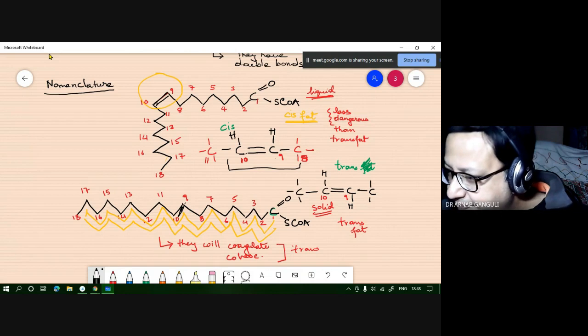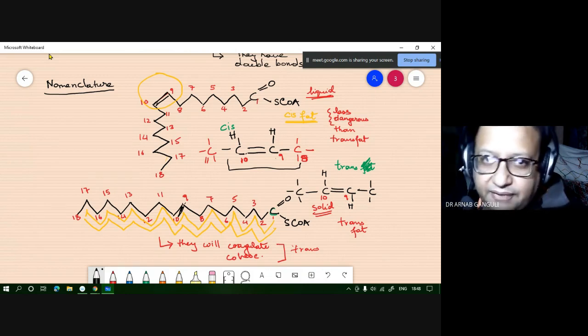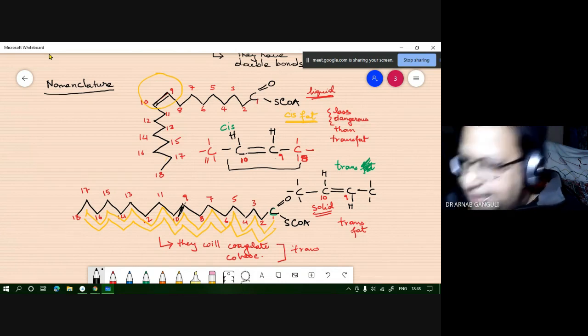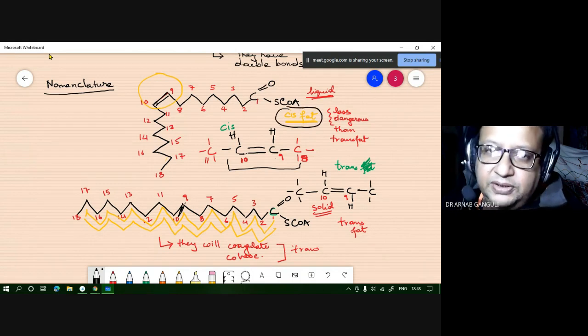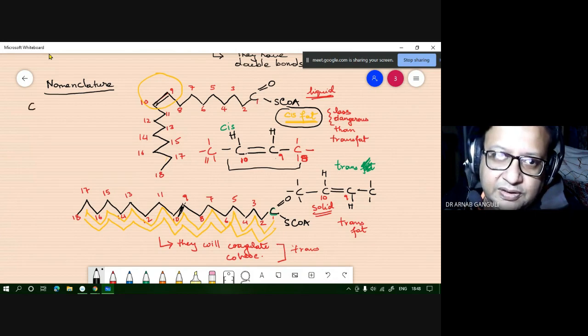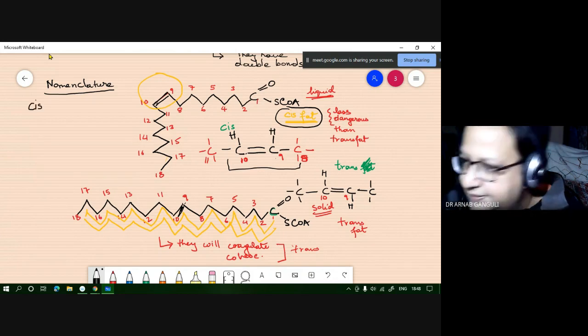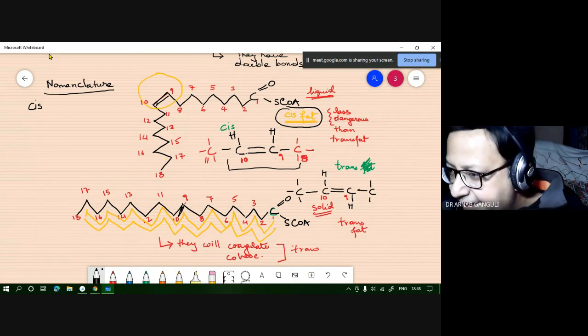Now this particular fatty acid is in a cis configuration. So it is cis. Where is the double bond? Between 9 and 10.